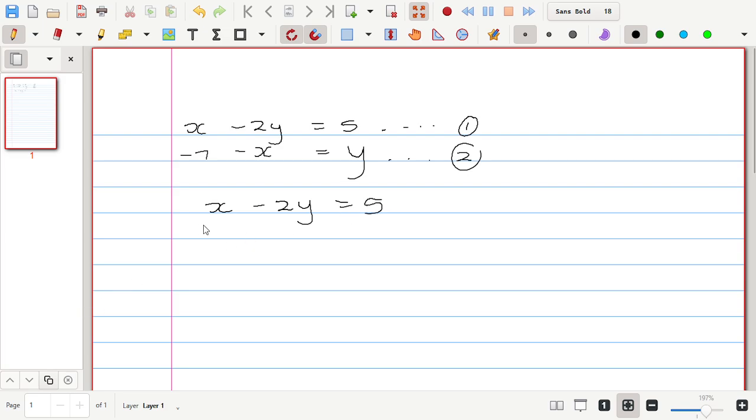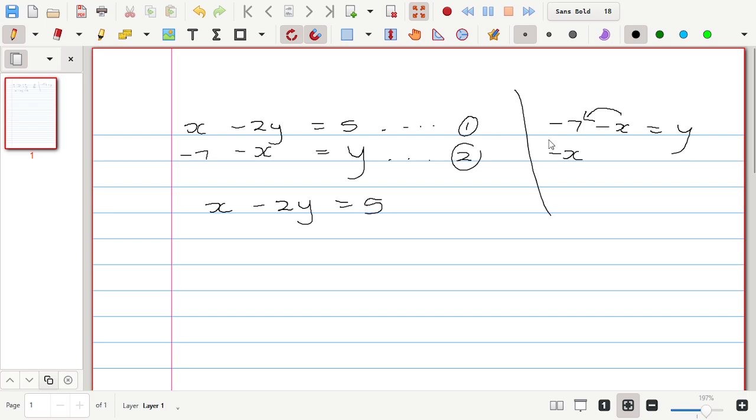On equation 2, what I want to do is put my x first, then my y, and then the constant. To do that, if I could do it on the side here, we've got minus 7 minus x is equal to y. I'm going to rewrite this by placing the x this side. Now notice that we did not take the x across the equal sign, so the coefficient of the x remains negative.